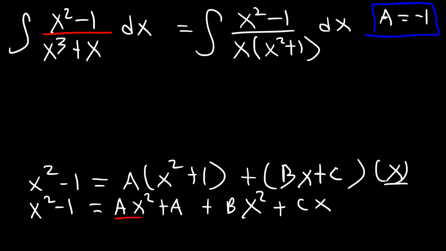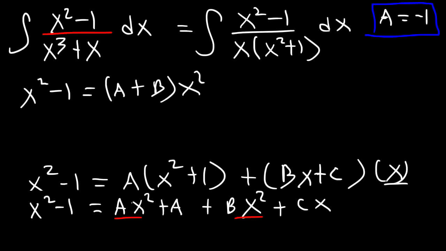So let's group together the x squared terms. So this is going to be x squared minus 1. And then if we take out x squared, it's going to be a plus b times x squared if we factor out x squared from these two terms. Now the next term that we need to write is going to be c times x.